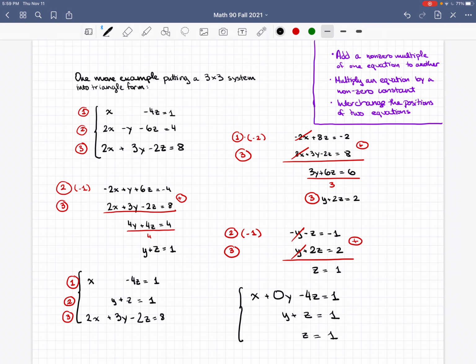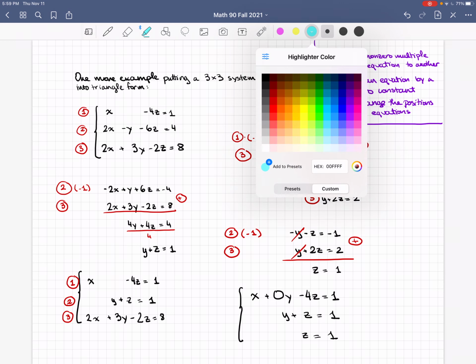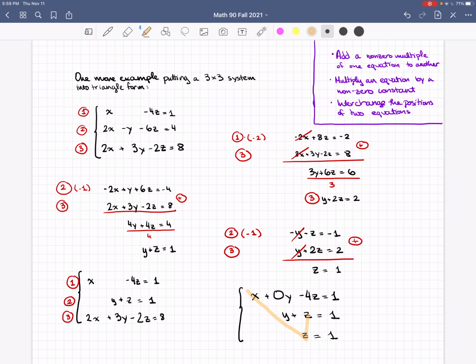So is this kind of the standard triangle form that we've come to be used to? I don't know, maybe not, but it's definitely good enough. So I'm going to go ahead and highlight the triangle in orange so that you see that it is in triangle form, even if the first equation's y term is 0y. So that will happen sometimes.